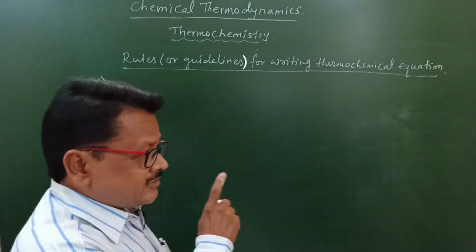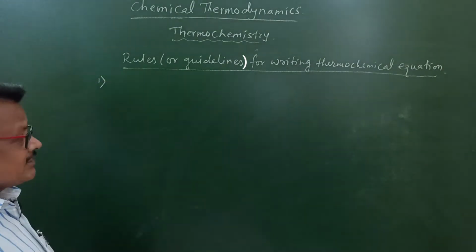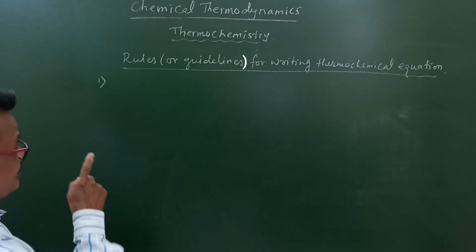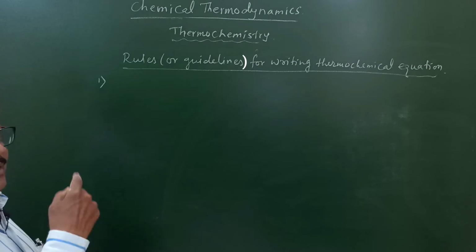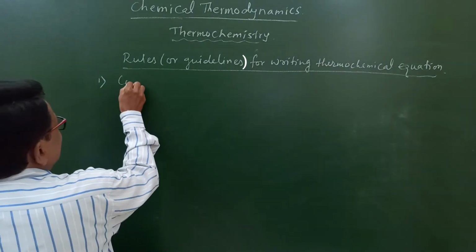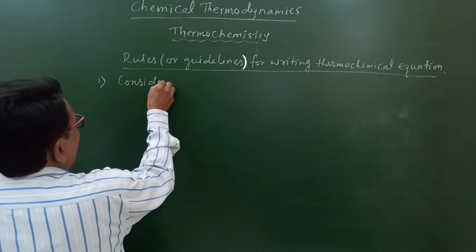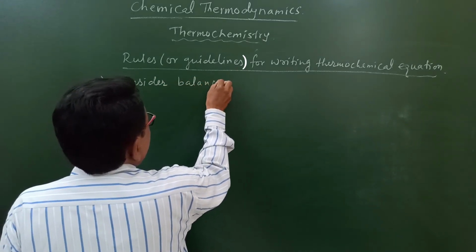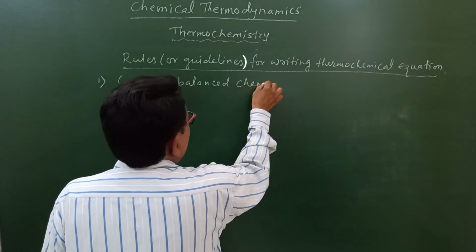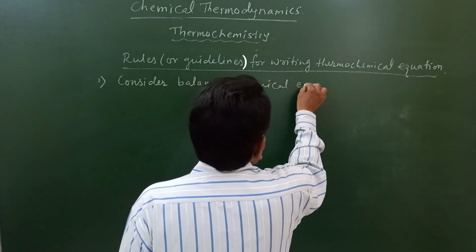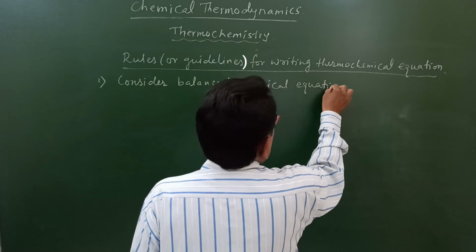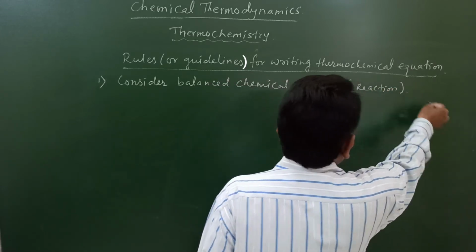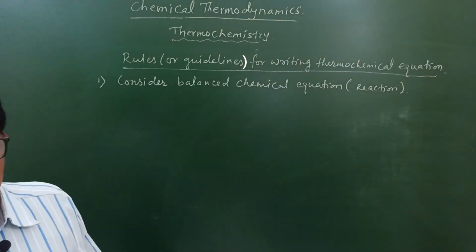Consider the balanced chemical equation. The first rule is that while writing the thermochemical equation, you have to first consider the balanced chemical reaction or balanced chemical equation. This is the first and most important rule.